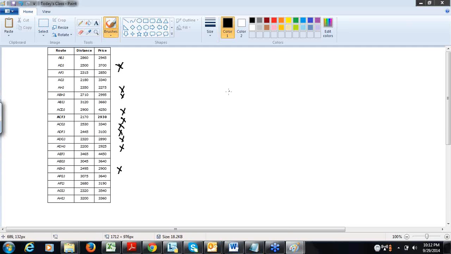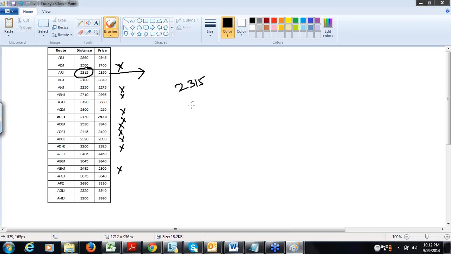Okay, now it is asking the minimum price. Minimum price will be what? This one. We have 2315. So 2315, okay, sorry, 2315 is the distance.